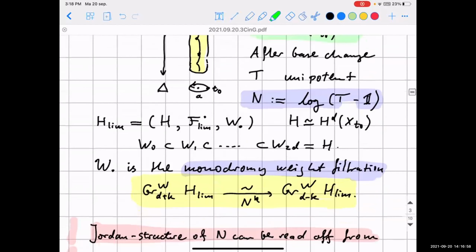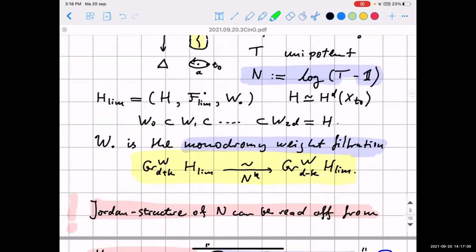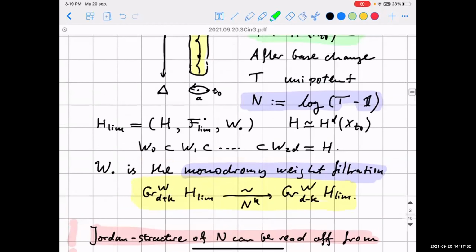This is the weight filtration on the cohomology. And the graded pieces are pure Hodge structures. But this weight filtration is completely determined by the monodromy action. And it's characterized by this fundamental isomorphism that the graded piece Gr^W_{D+k} of the limiting mixed Hodge structure is isomorphic to Gr^W_{D-k} of the limiting mixed Hodge structure, and the map is the k-th power of the monodromy logarithm N. This uniquely fixes the filtration W, and it's called the monodromy weight filtration.